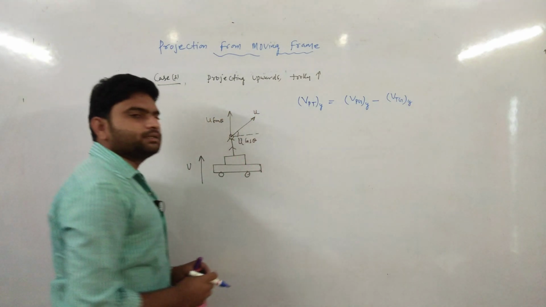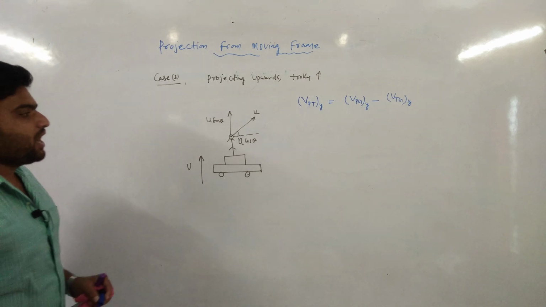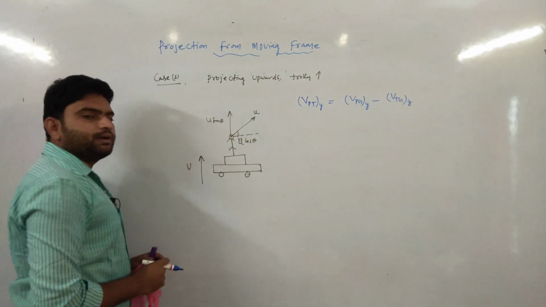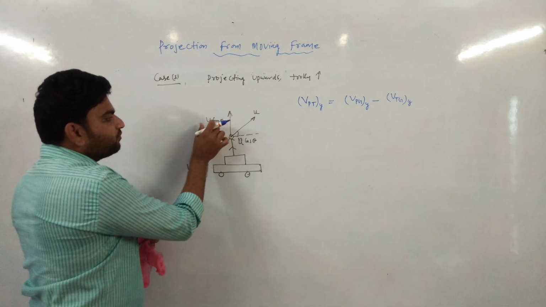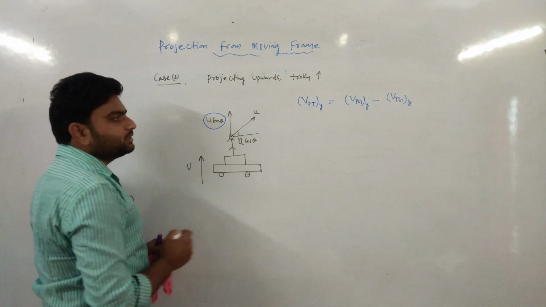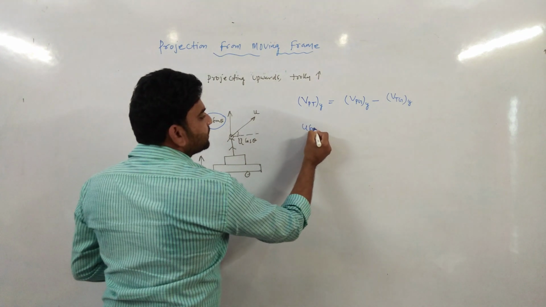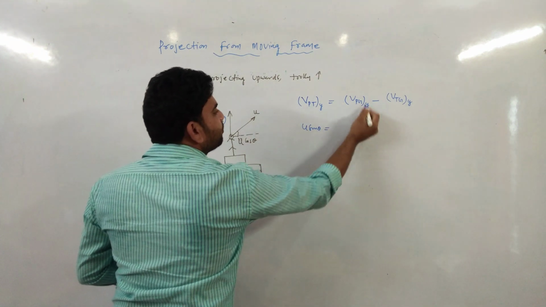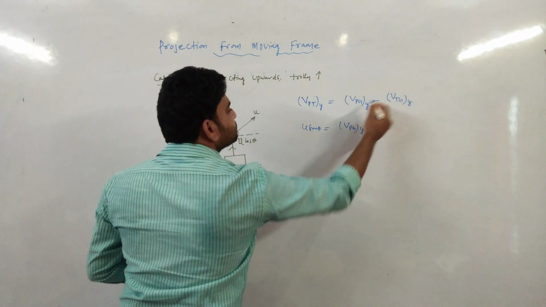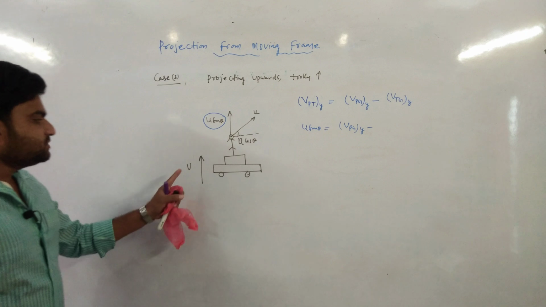So from this, velocity of projection with respect to trolley is u sin theta, right? Here we have to compare the y component. So my y component is u sin theta. That's what I am writing here, u sin theta equals, we don't know this value, minus the velocity of trolley with respect to ground, that is v.